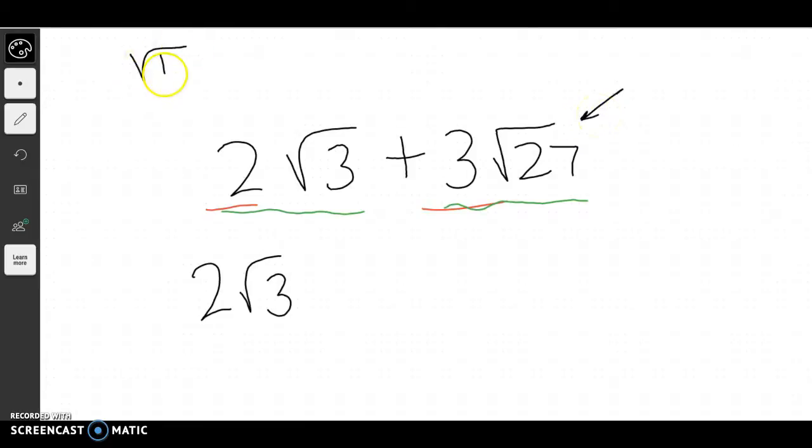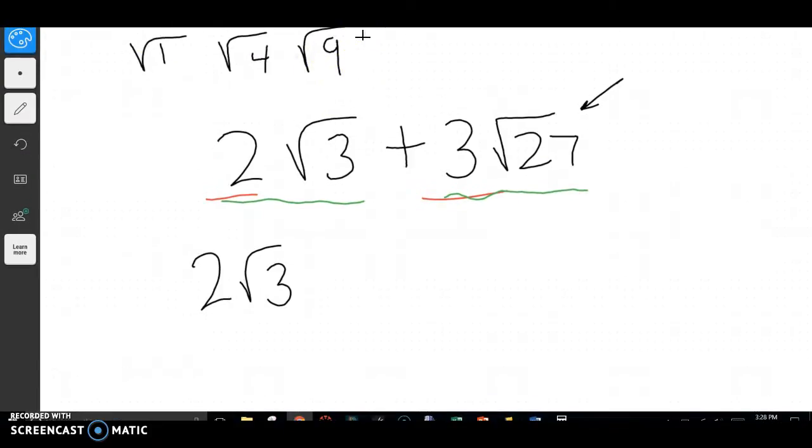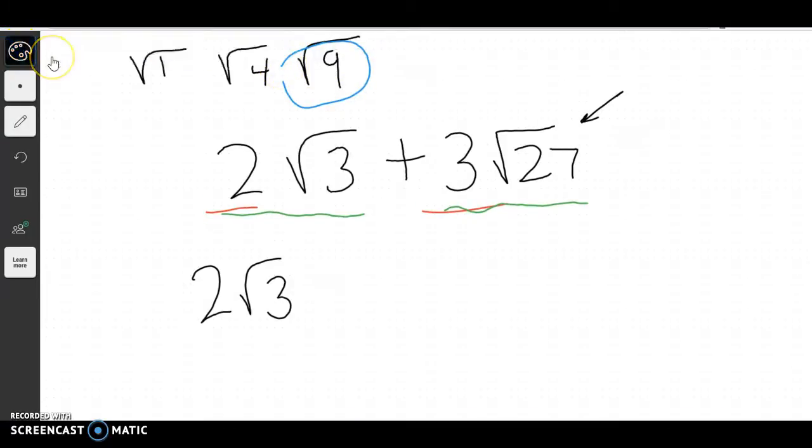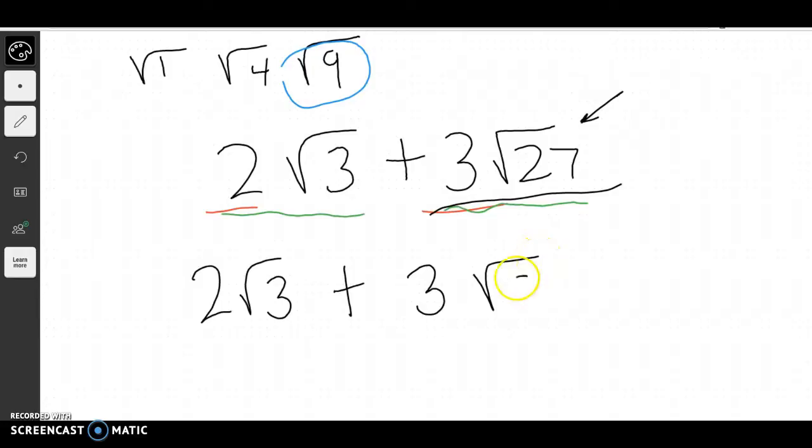So I want to think about the radical chart that we had before. I know 1 will divide it, but that won't help me. 4 won't divide it, but 9 is that winning number. So I know that 9 is what I really want to divide this by. So this could be rewritten as the square root of 9 times radical 3.